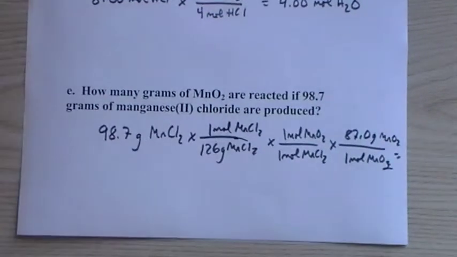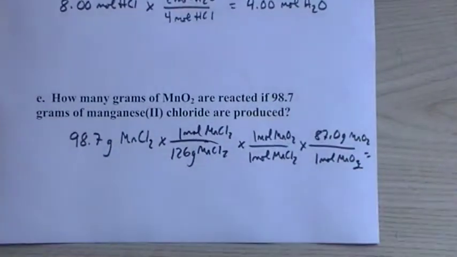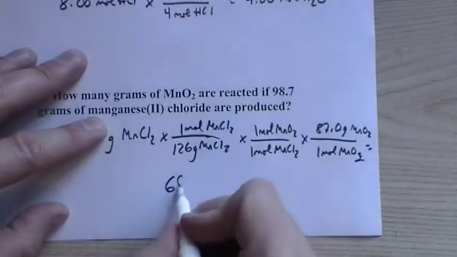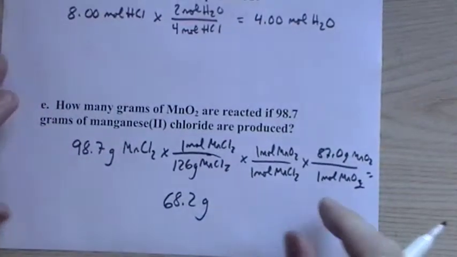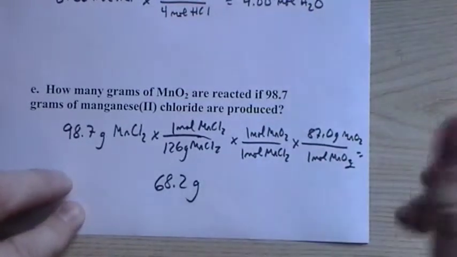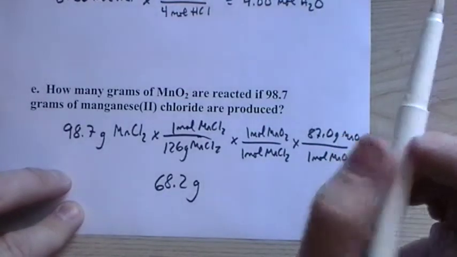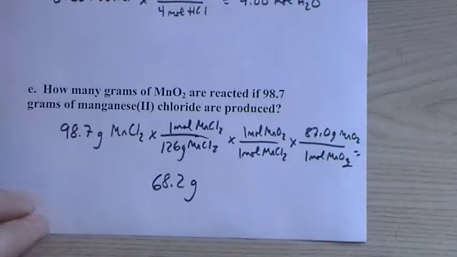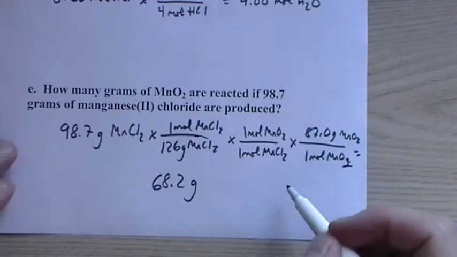Just looked at the battery life on the camera. It's almost out, so I'm going to try to do this really quick. 1.26 times 87, and this comes up to be 68.2. That's the answer. I'm going to double check everything here, just in case the camera goes out. So that's 126. I got manganese at 87, and it's 1 to 1.